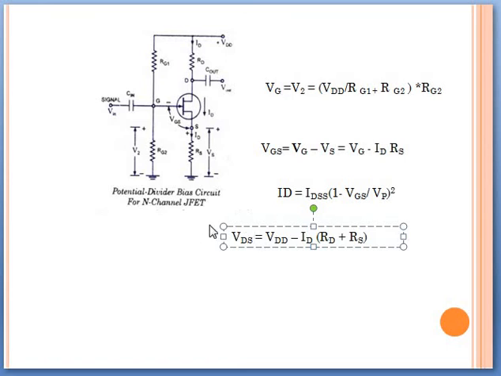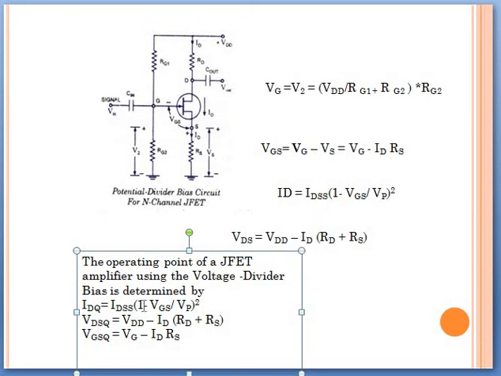We apply KVL across the output, so VDS equals VDD minus ID into RD plus RS. The operating point is determined by IDQ, VDS and VGS.